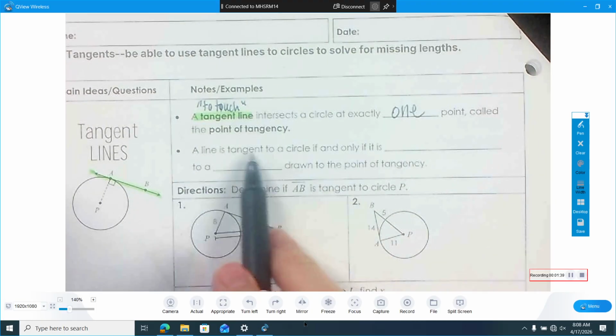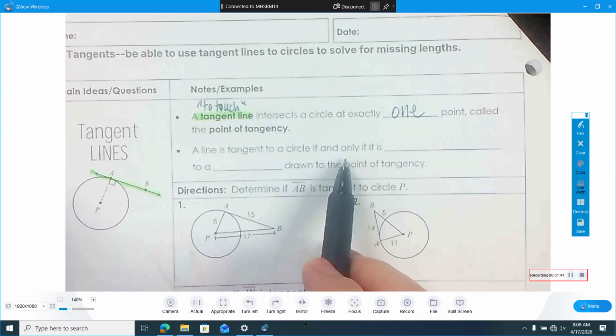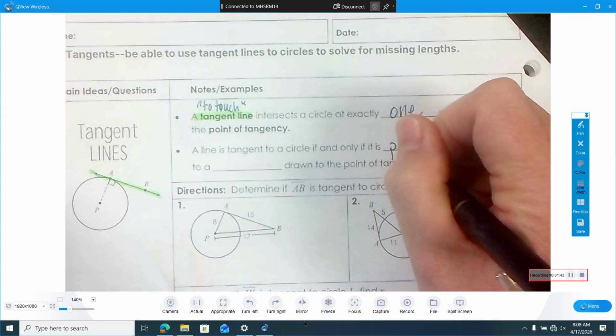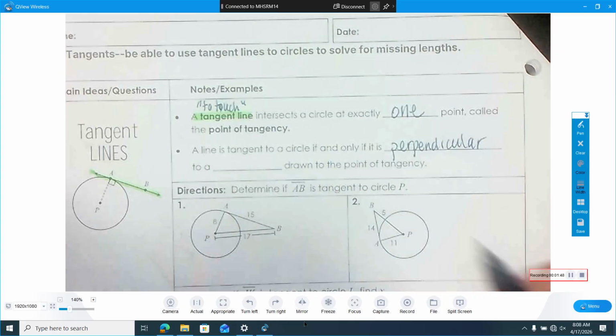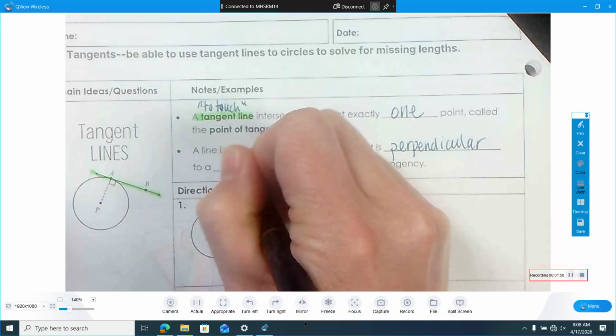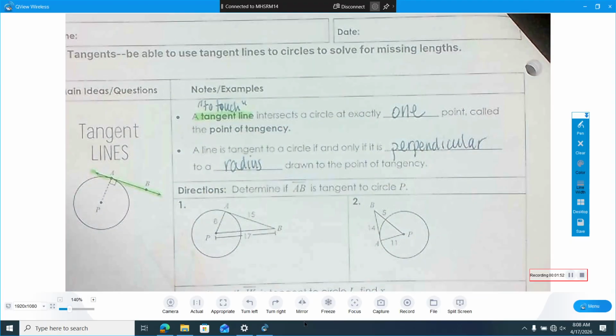A line is tangent to a circle if and only if it is perpendicular to a radius drawn to that point of tangency. That's really important.